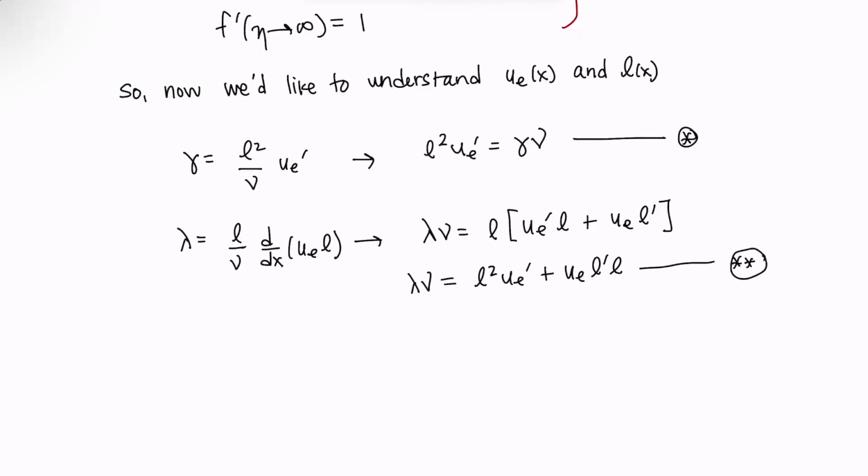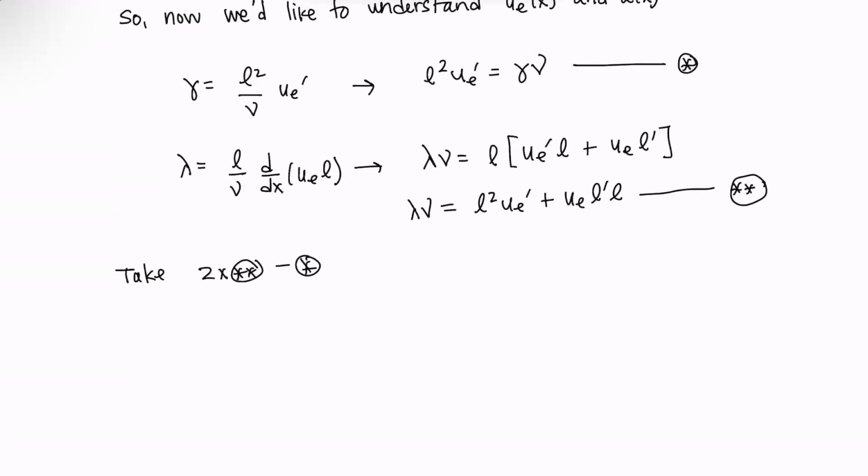So if we take 2 times star star and then subtract star, we get the following. Two lambda nu is equal to 2 L squared UE prime plus 2 UE L prime L minus L squared UE prime.